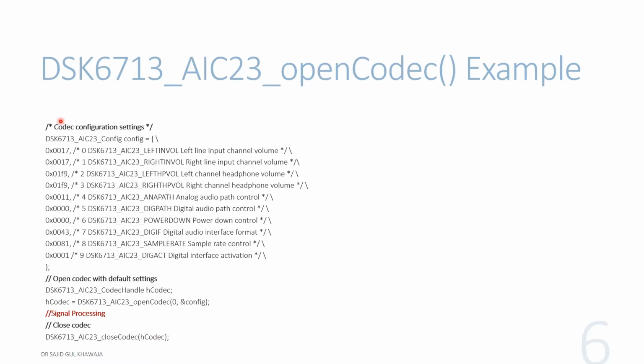So this is a snippet, and this setting is going to be utilized in all of the examples wherever we are going to deal with AIC23. The majority of the change that can occur is in the values that I've mentioned here, because these are the default values. They may be changed from time to time. Whenever we are going to deal with a certain configuration, we might need to update these values.